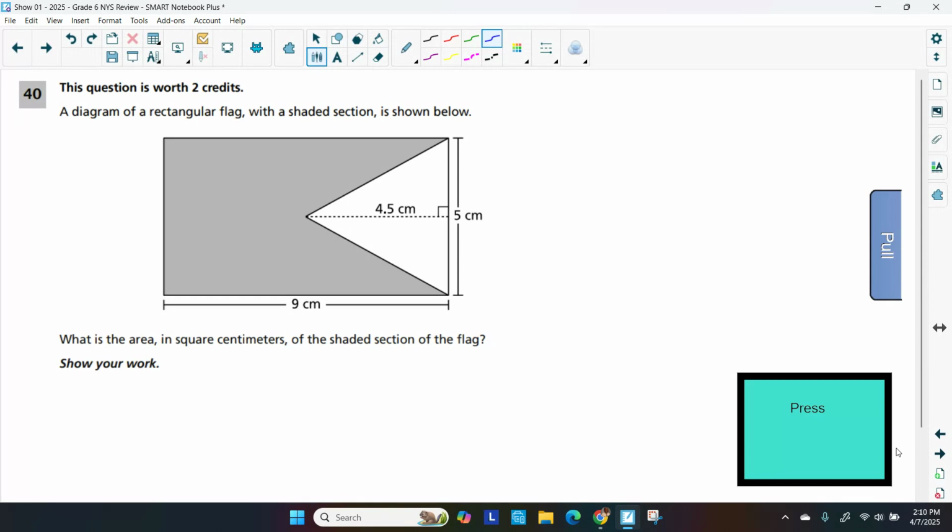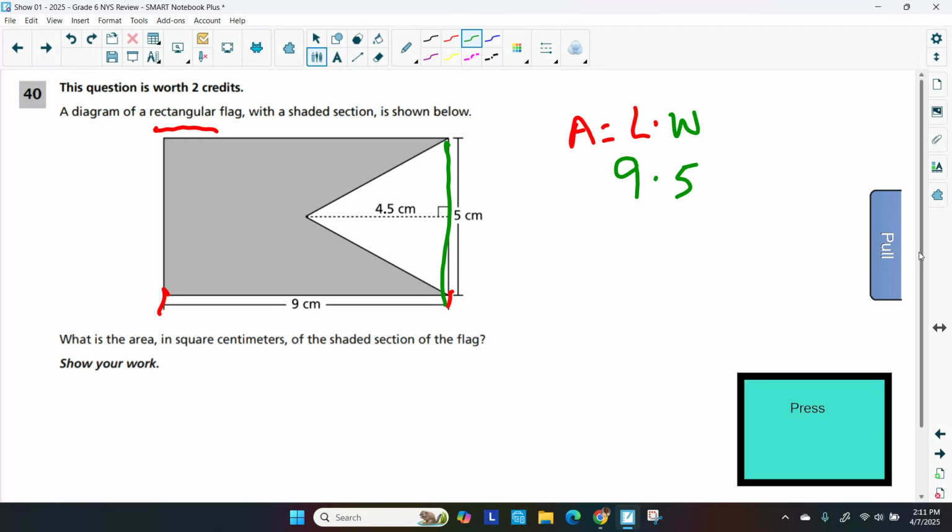Show your work. Well, they gave us a clue about the shape of the flag. It's a rectangle. Rectangles have a length, which is 9, and a width, which is 5. And I know my area formula is length times width.